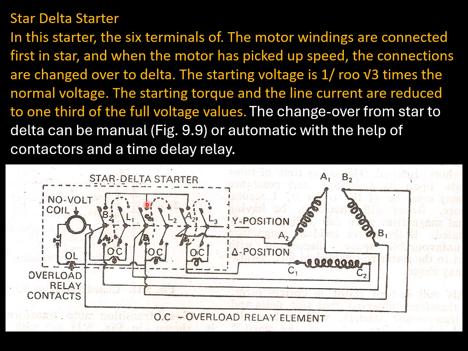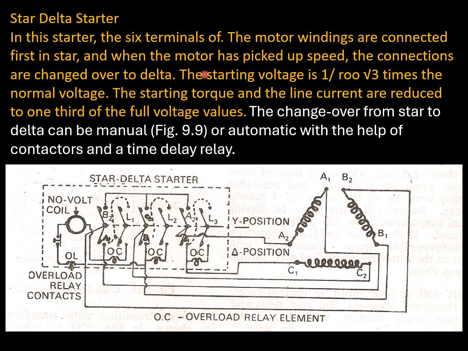Friends, in this slide, the schematic diagram of star delta starter is shown. In this starter, the six terminals of the motor winding are connected first in star, and when the motor has picked up speed, the connections are changed over to delta.